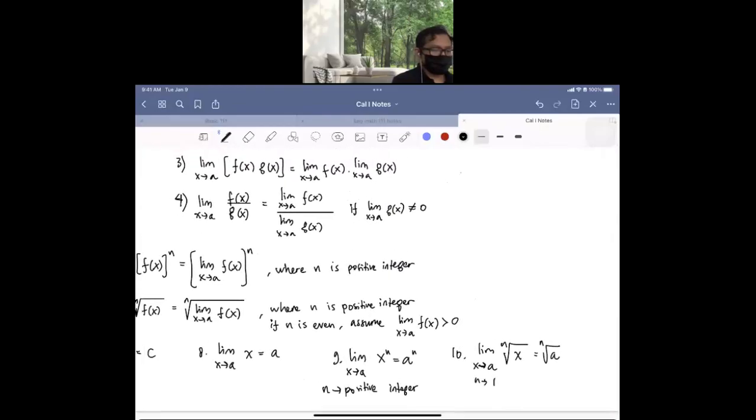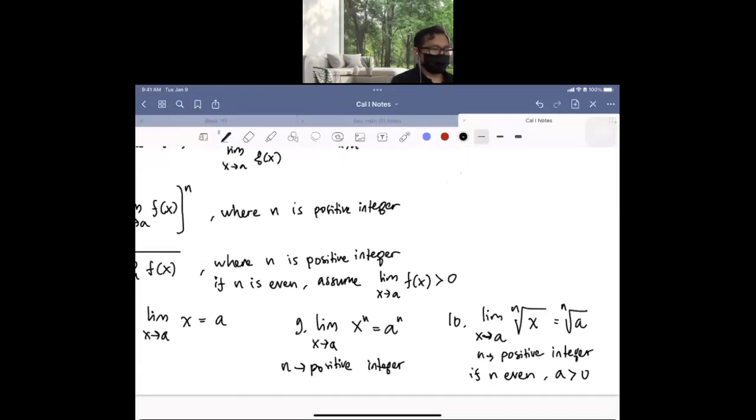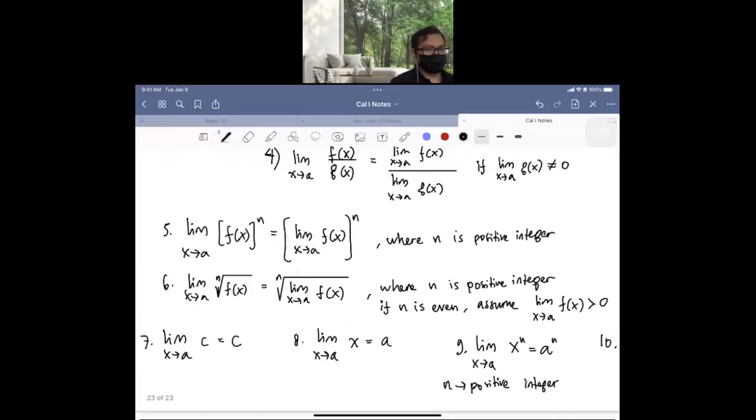This is also n is a positive integer. And if n is even, a is positive.